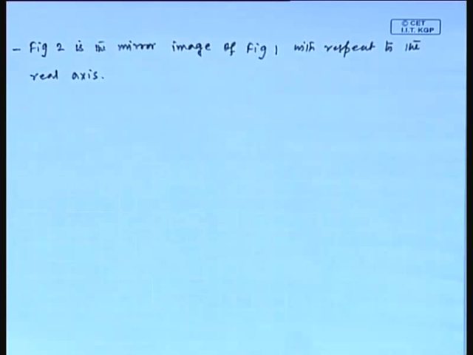Fine. Previously it was mentioned that we will produce the polar plot by varying omega from minus infinity to infinity, but we have drawn two plots. In one case we varied omega from 0 to infinity, and in another case from minus infinity to 0. Now, we will combine these two plots.